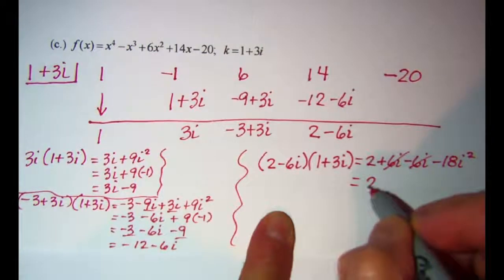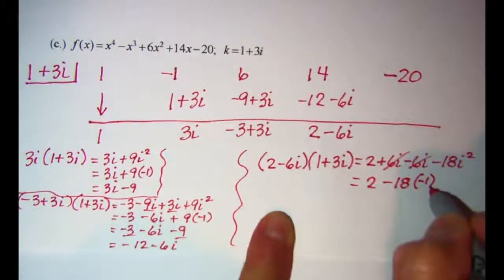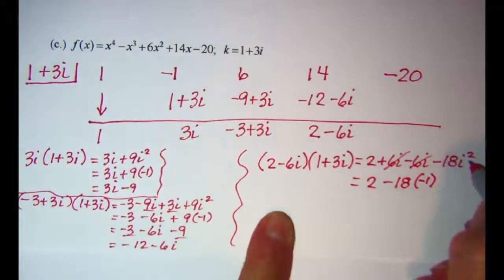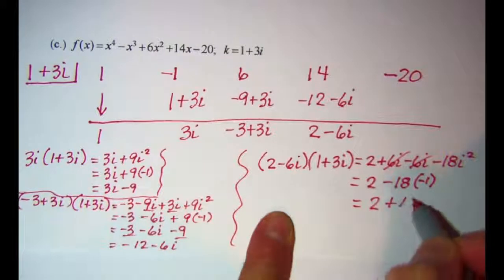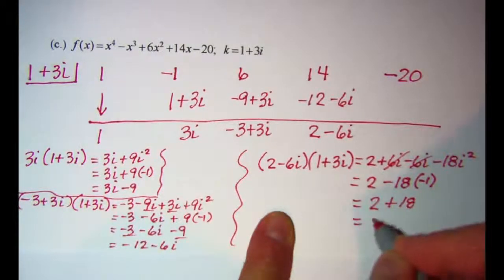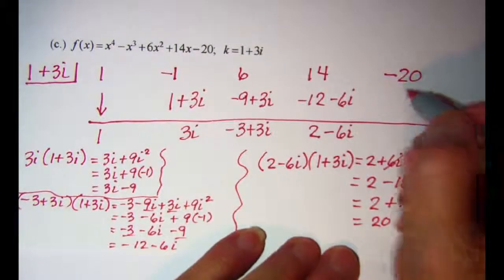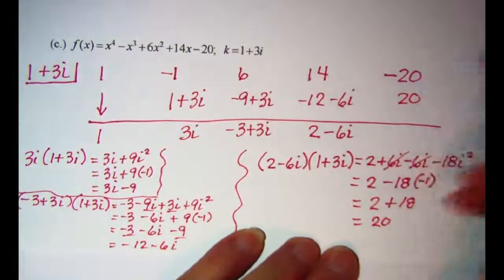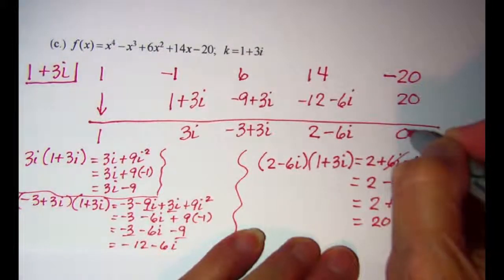I have 2 minus 18 times negative 1, so i squared is negative 1. So this is 2 plus 18, which is 20. So that gets written where my product goes. And we can see that negative 20 and positive 20 gives me a remainder of 0.